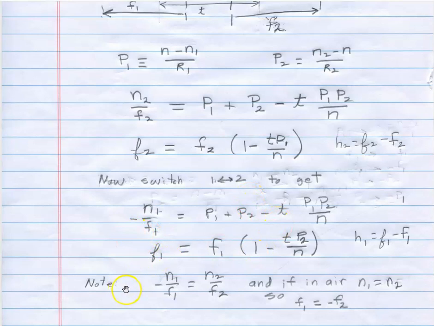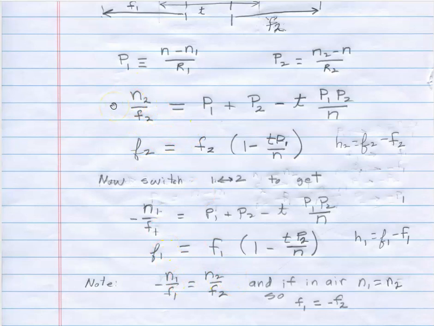Note if I look at this equation up here for F2 and the one for F1, the right-hand sides are identical on both of those because they're symmetric under the interchange of one and two. And as a result, they're both equal to the same thing, and so minus n1 over f1 has got to be equal to n2 over f2.